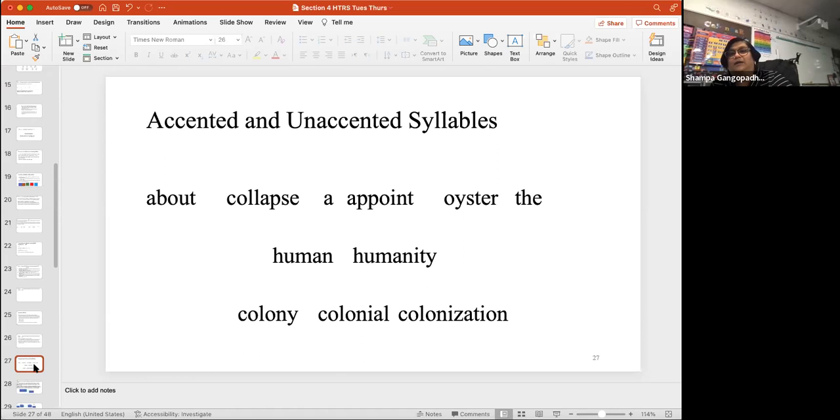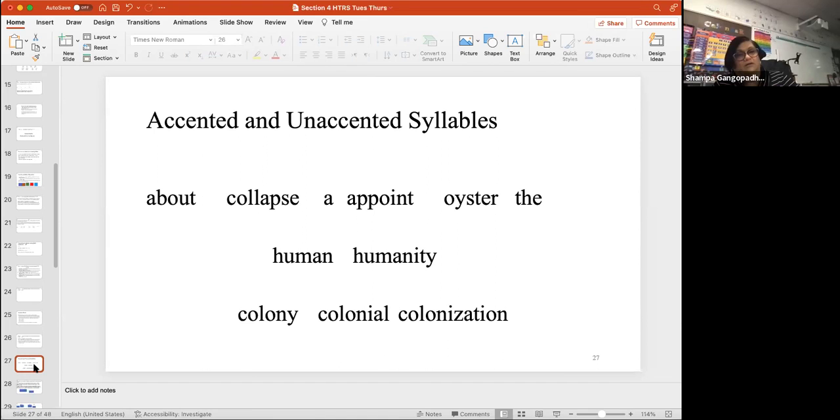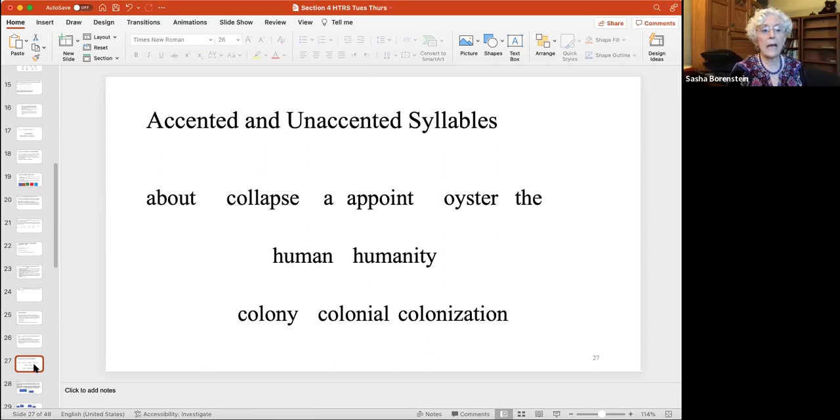I think that's the schwa there now. That's the schwa. Now, colonization. Which syllable, one or two, has the vowel collapsed into a schwa? Second one again. I agree. Any more schwas in this word? Colonization?